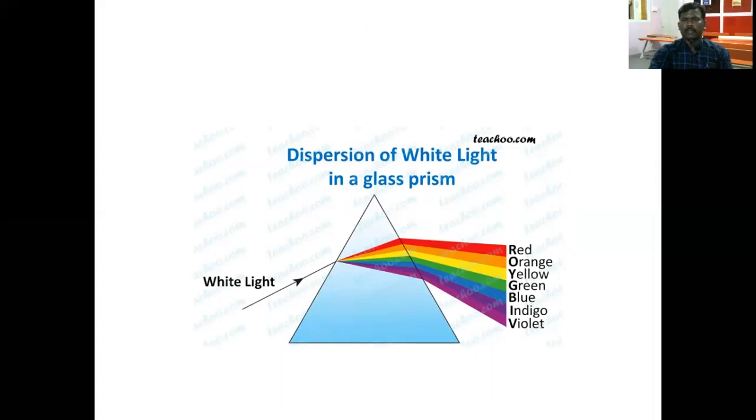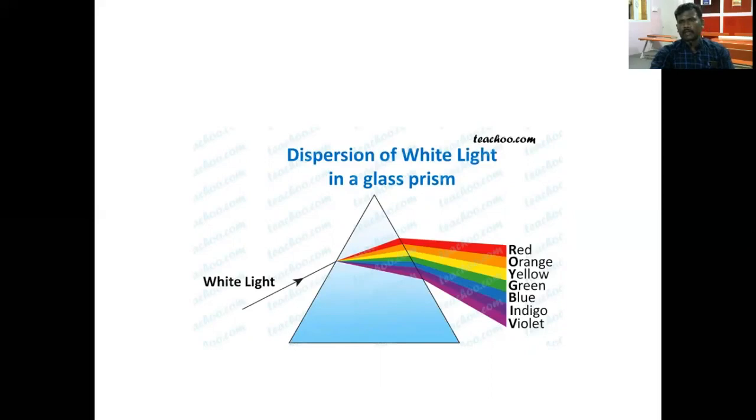The questions may be which color moves with greater speed inside the prism, which color moves with lesser speed inside the prism, which color gets more deviated, which color gets less deviated, which color has the greater wavelength, which color has the lesser wavelength.